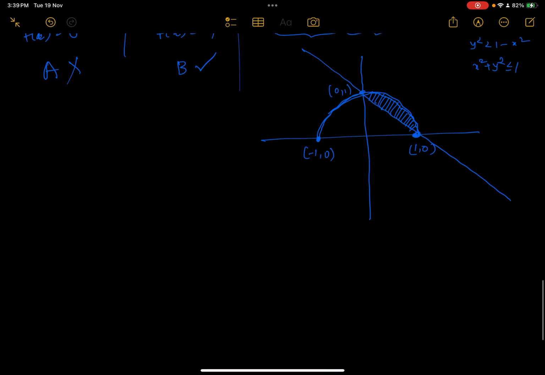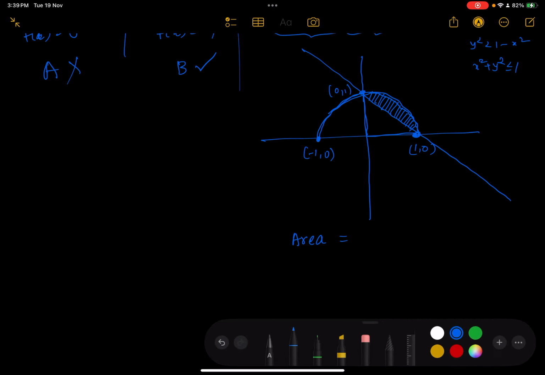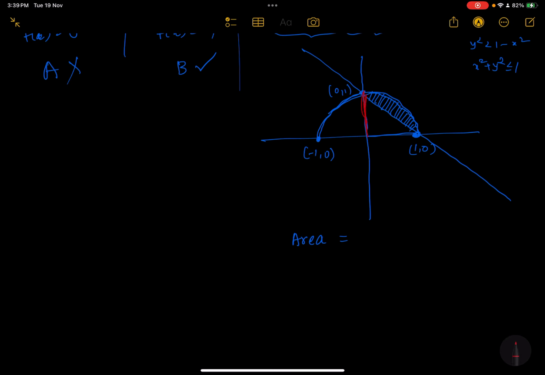So to find out that area, first we will find out the area of this quarter circle. Then we will subtract the area of this triangle from that area. So area of quarter circle is 1 by 4 pi r square minus area of this triangle, half base into height, because it is a right angle triangle.